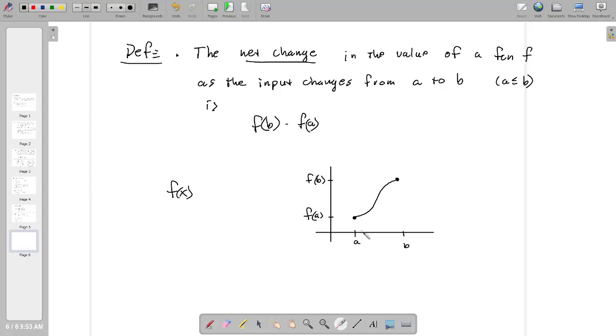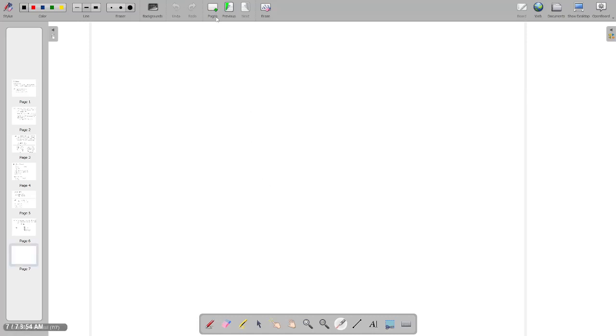As our x values change from a to b, the net change will be this change here. How far did my function move vertically as my input variable moved horizontally? This curve describes the relationship between the input and output variable, or the independent variable and the dependent variable. We'll talk about that more when we get into graphing.